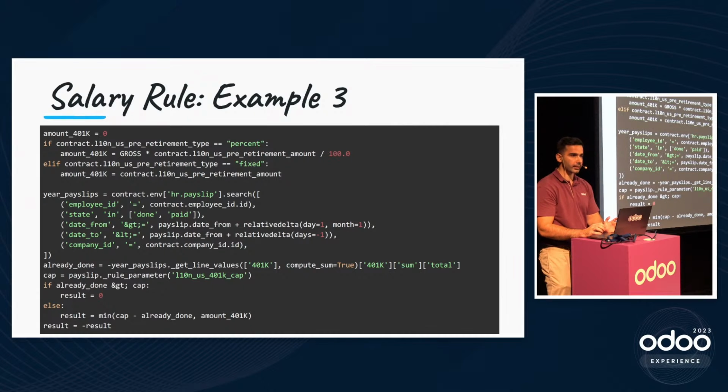So for something that is a bit complicated, we see that in a few lines of code, we can achieve the rule computation with all the robustness that we want. And of course, this is easily adaptable over time. You would just need to go in your interface, define a new cap for a defined date.